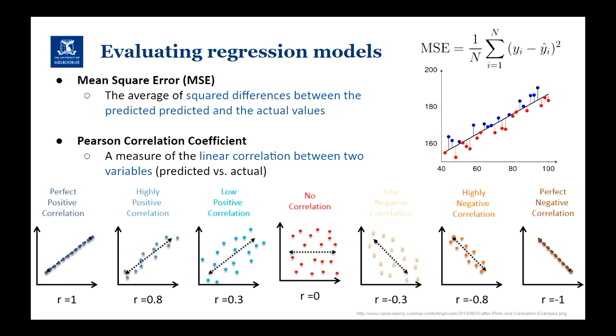Okay? So you usually want to maximize your Pearson correlation. And again, if you multiply your prediction by -1, you go from a -1 to a +1. Okay? So you can always convert from negative to positive in the same way you can in classification.